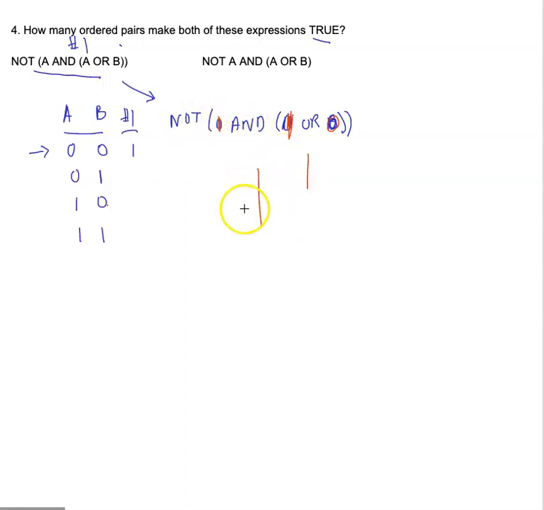The not of a 1 is false. So it turns out this third ordered pair does not make a true. So this would be false. I forgot to put in the 1 here to show that this was actually an ordered pair that makes expression number 1 true.